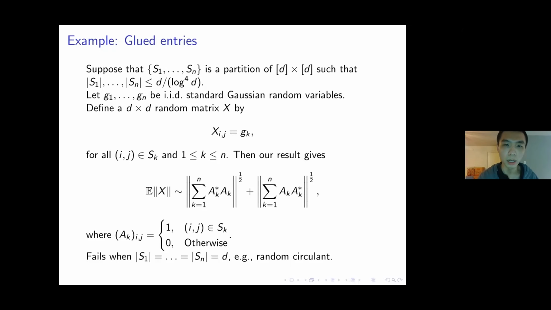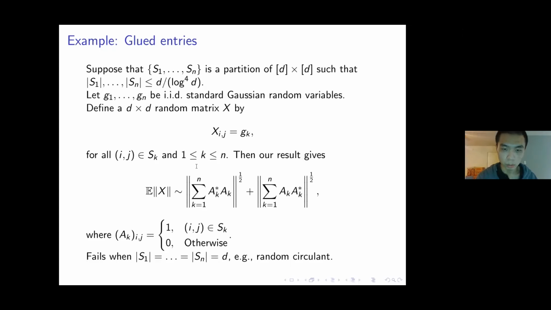And let's say each block in the partition is not too large. Then the random matrix is such that entries in the same block of the partition are forced to be the same, and entries in different blocks of the partition are IID Gaussian. So in the same block, they are forced to be the same, and across different blocks, they are IID Gaussian. So that's the random matrix model.